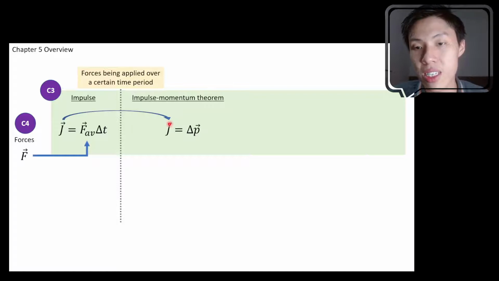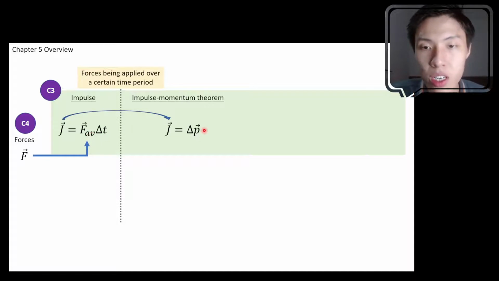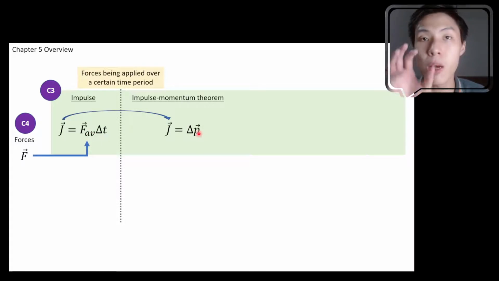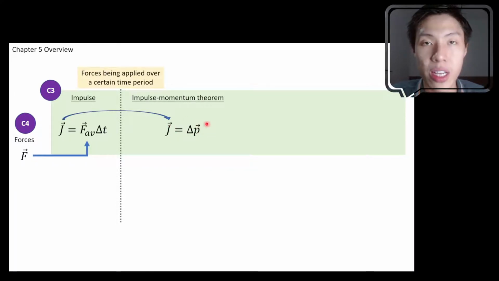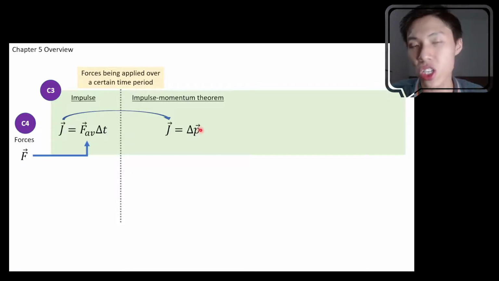So you can see this impulse is related to force, so it represents the cause of motion. Whereas this change in momentum is a product of mass and velocity. So by knowing impulse, the cause of motion, we can relate it to the change in momentum, which we can further relate to the change of velocity, which is the motion itself.